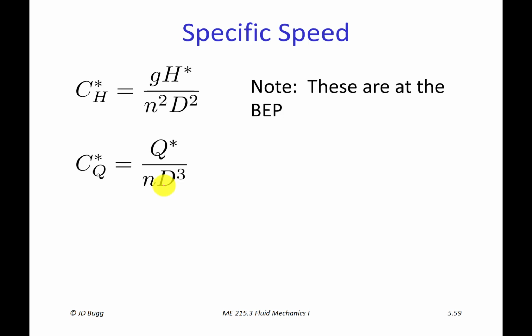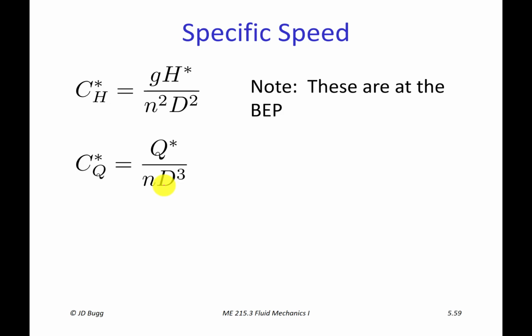Remember a thing that we are allowed to do in dimensional analysis. We can take any two dimensionless groups, and that's what we have here, and we're allowed to raise them to whatever power we want, and multiply them together or divide them to form new dimensionless groups. Because those two operations, raising a group to a power and multiplying or dividing two groups, don't change the fact they're dimensionless groups.